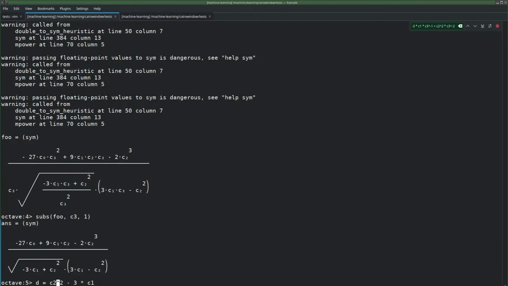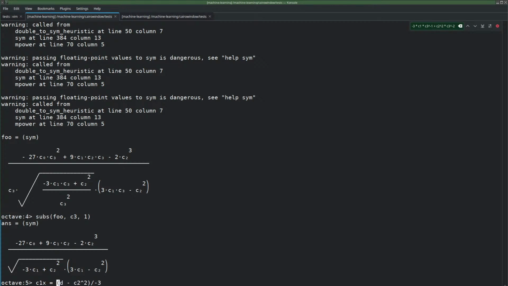So subtract C2 squared from both sides, and then divide by minus 3. Just divided by minus 3. And then I just introduce a new C1.